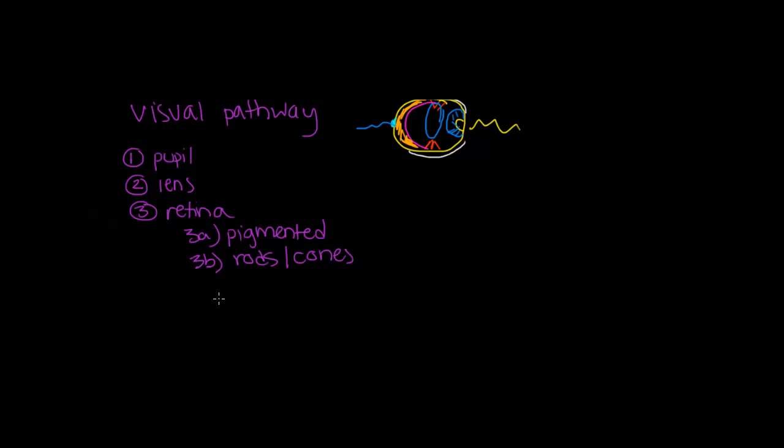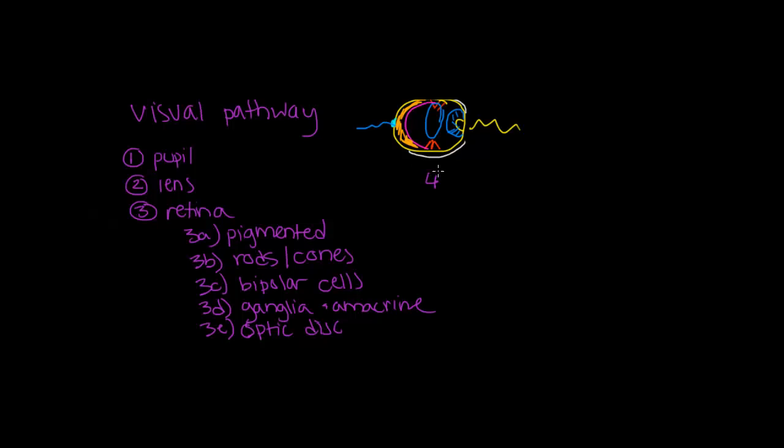So the rods and cones are also going to absorb light, and this absorption of light allows the creation of an electrical impulse, which is sent to the bipolar cells, those nerve cells. From here, the bipolar cells synapse onto the ganglia and the amacrine cells. And finally, the ganglia synapse onto the optic disc.